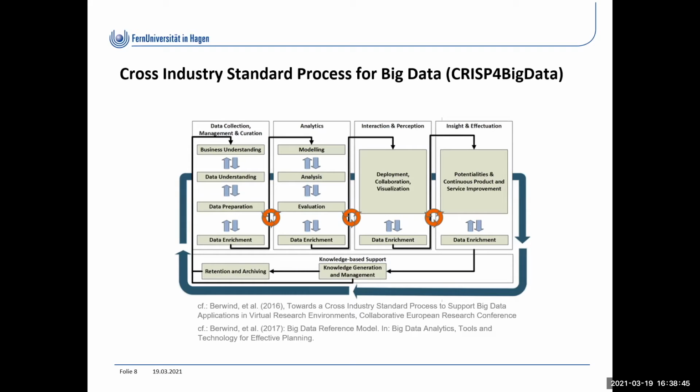This means the process generates and manages the knowledge you generate during the process, and you also have some kind of retention and archiving mechanism which handles the archiving of the artifacts and the meta information, as well as the whole process for 10, 20, or 30 years maybe.